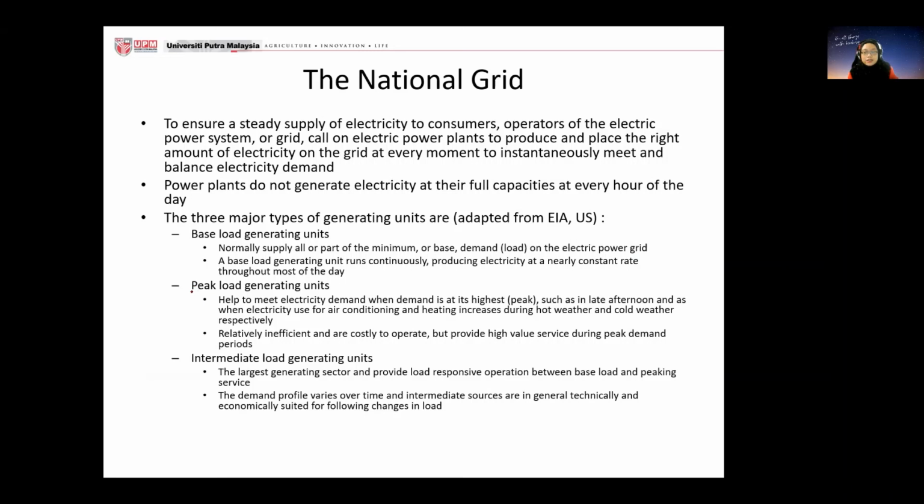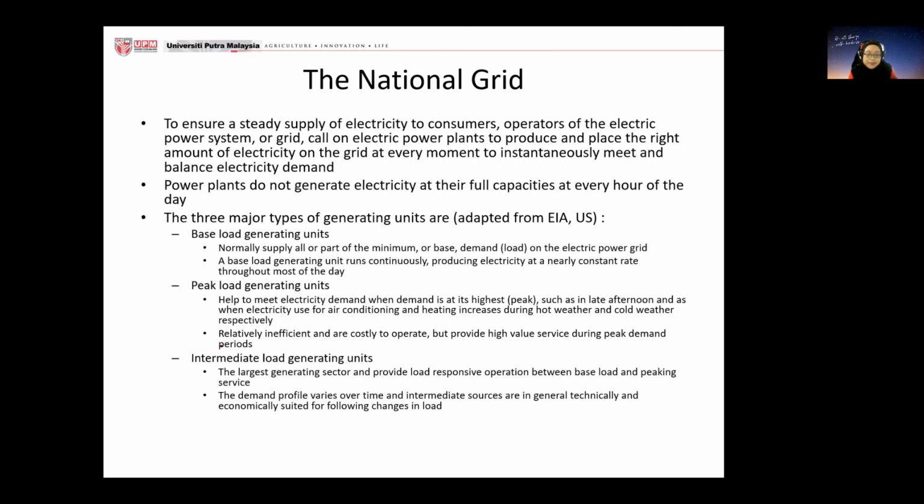So peak load generating units help to meet electricity demand when demand is at its highest, such as in the late afternoon or when electricity used for air conditioning and heating increases during hot weather and cold weather. Okay, so they're relatively inefficient and very costly, but they provide a high value service during these times of need.